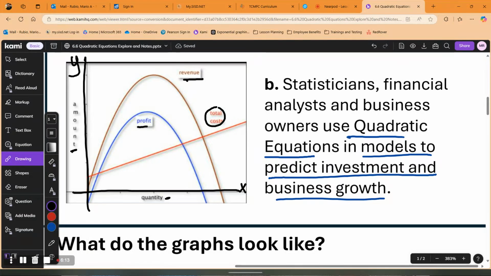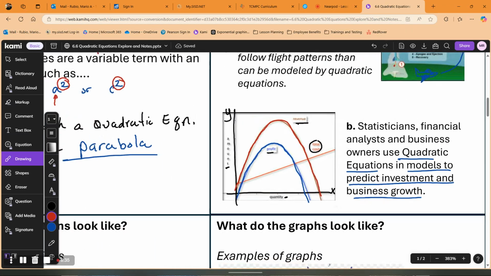Someone that studies business or finance can explain exactly what this graph is, but what we're going to focus on is that this profit line follows a parabola shape, and this revenue line follows a parabolic curve. So these are some areas where we would actually apply or use quadratic equations.